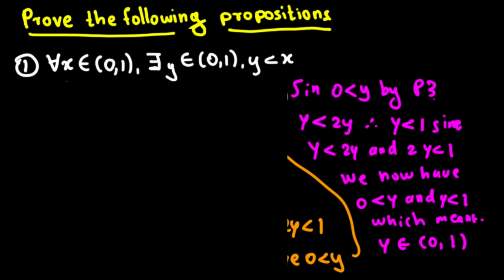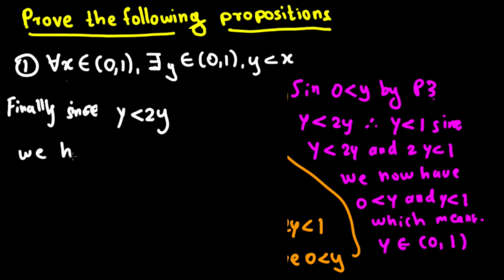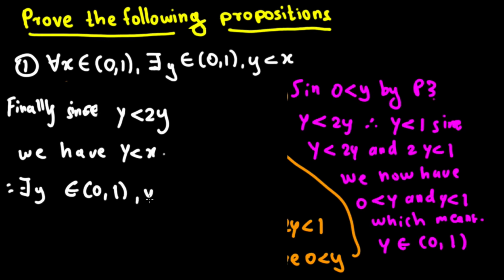Finally, since y is less than 2y, we have y is less than x. Therefore there exists a y belongs to (0, 1) such that y is less than x.